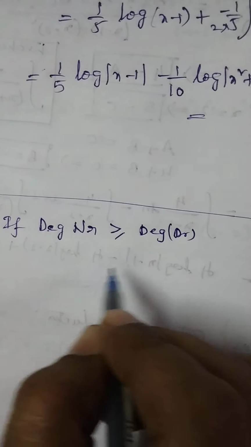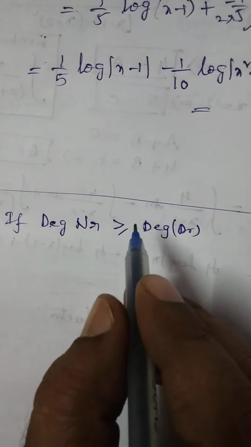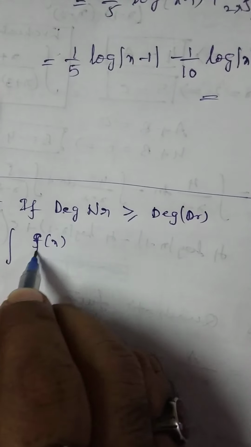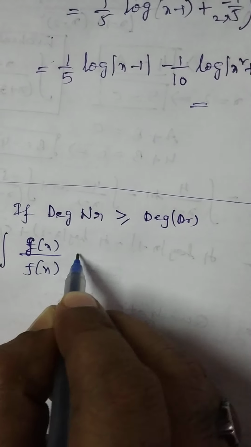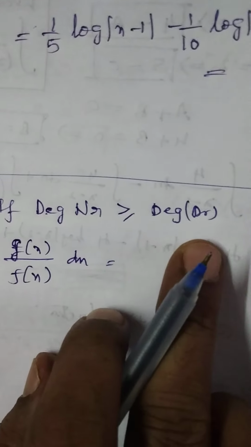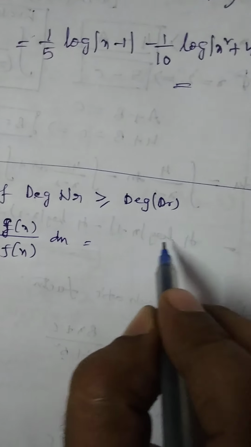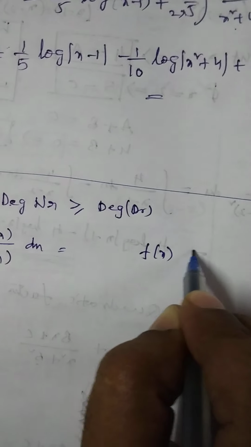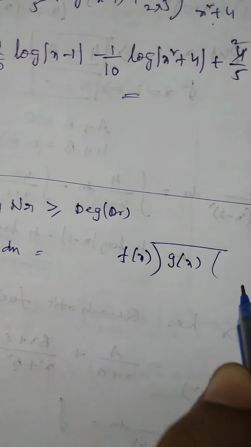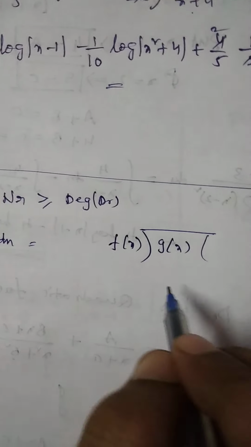Suppose the integration is in the form of g of x by f of x dx, then if the degree of numerator is greater than or equal to the degree of denominator, what we will do is divide this g of x with f of x, just the long division process how we used to do in polynomials.